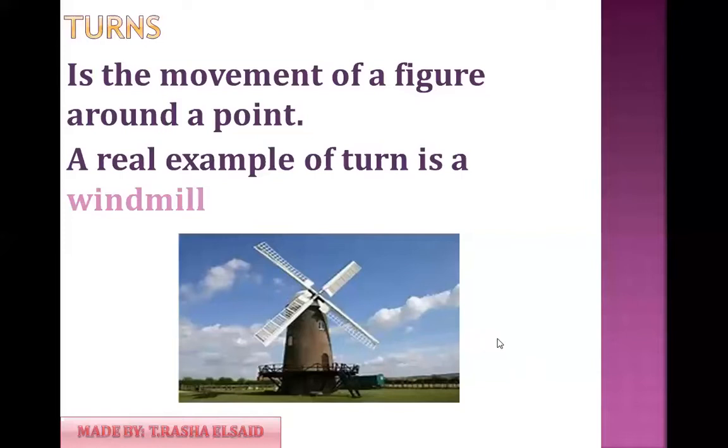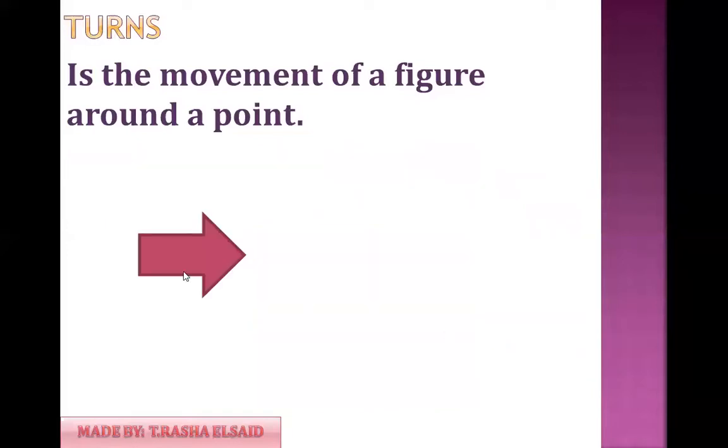Okay, let's take examples to understand what is the meaning of turn. If I like to turn this figure, I have to determine first the point that I need to turn it around. Suppose the black dot is the point which I need this figure to turn around. And I will say the first or the original position is number 1.